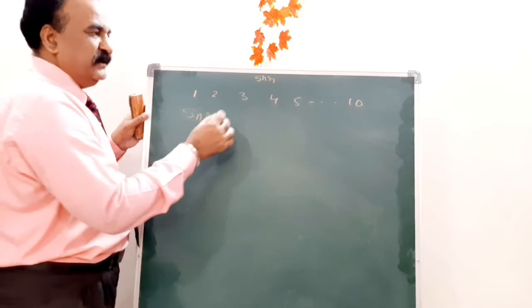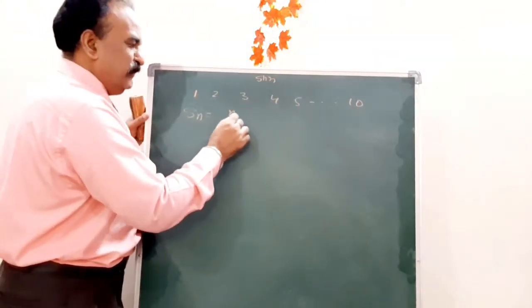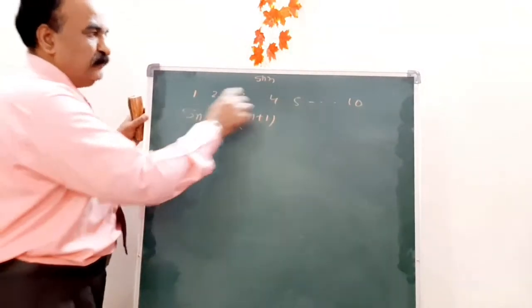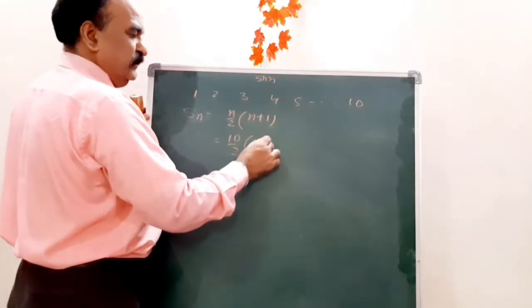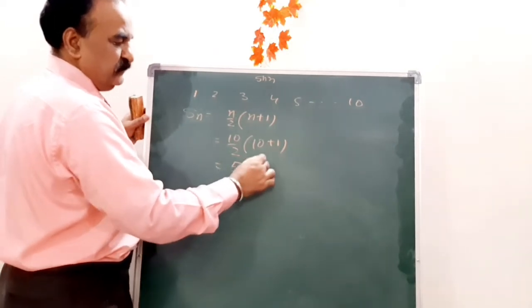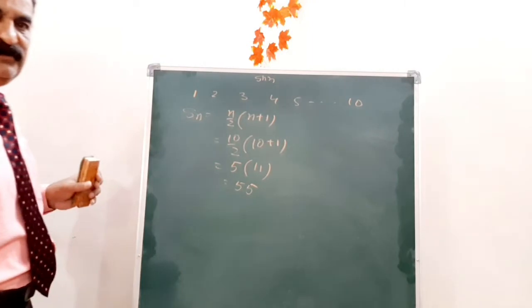So you will write here n by 2. How many terms are there? 10. It means n by 2 into bracket n plus 1. Number of terms are n. It means 10 by 2 into bracket 10 plus 1. 10 by 2 means 5. This is 11. The answer is 55.